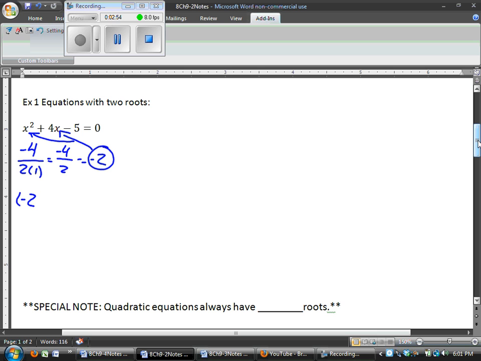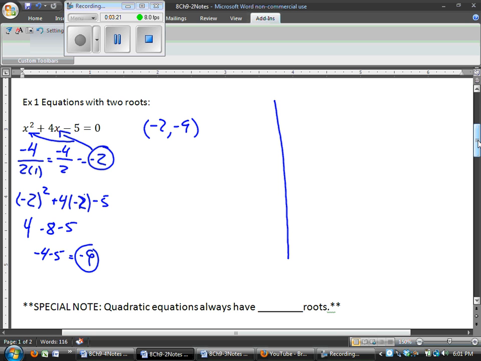So negative 2 squared plus 4 times negative 2, minus 5. Negative 2 squared is 4. Positive 4 times negative 2 is negative 8, minus 5. 4 minus 8 is negative 4, minus 5 equals negative 9. So that is the vertex, negative 2, negative 9.